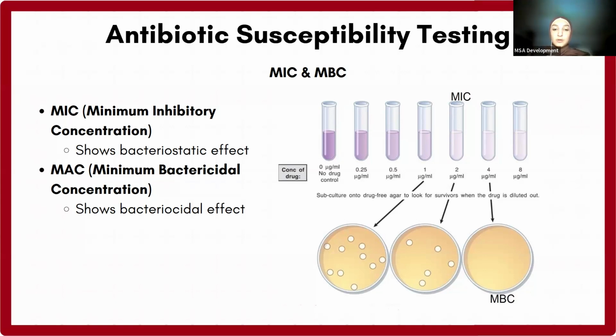And there's more explanation in the notes section. However, if you have any questions, feel free to ask. It's a little bit confusing, but you don't have to go into too much detail. Just understand these two concepts. One is bacteriostatic, one is bactericidal. How this dilution thing goes on, that's it. Okay?